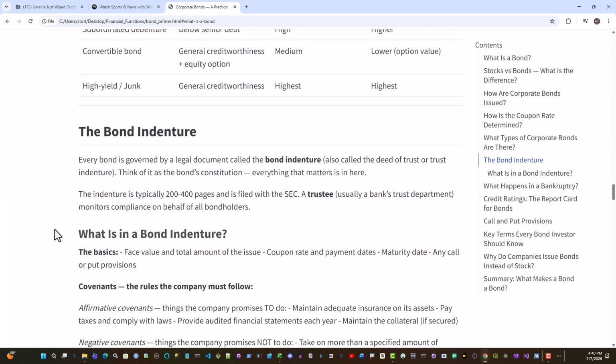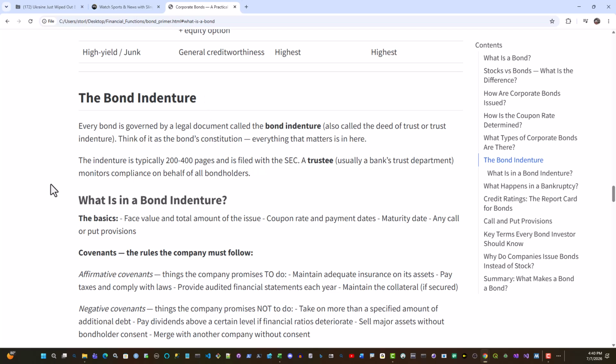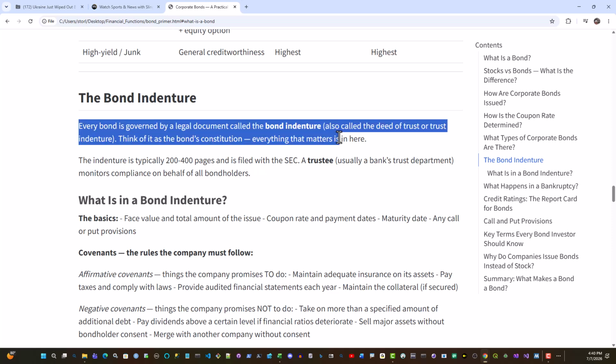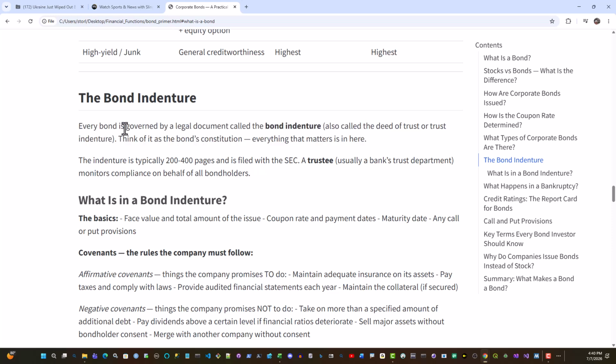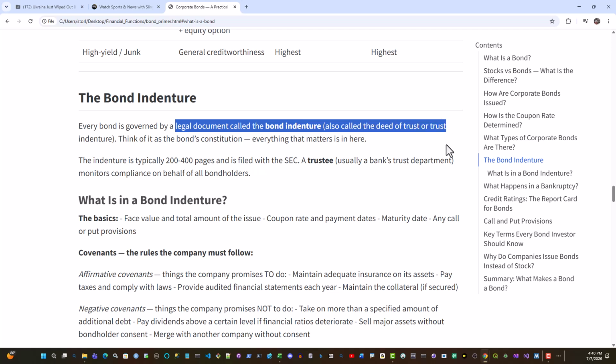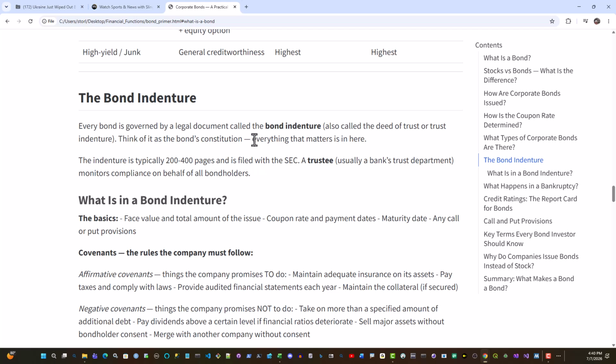Then you have the bond indenture. What is a bond indenture? Well, it's like a bond contract. This is where they state everything that relates to the bond issuance. So it's a legal document. This will be almost like a deed or a trust. And everything that matters should be in here. Everything should be listed out.